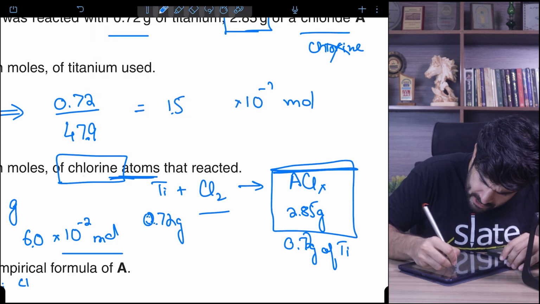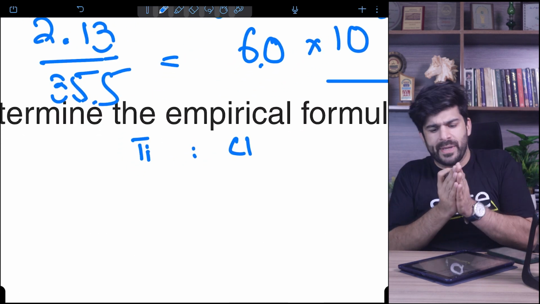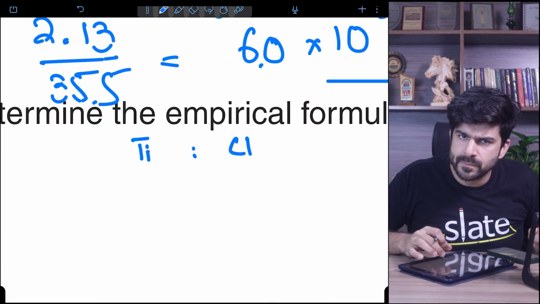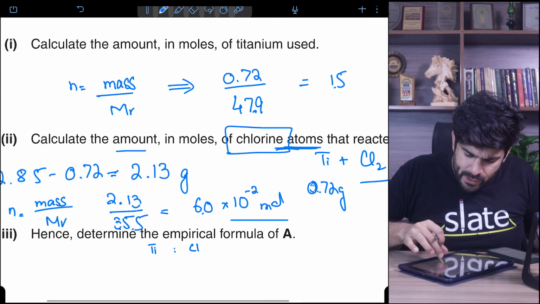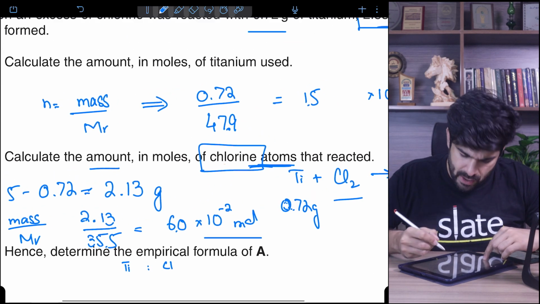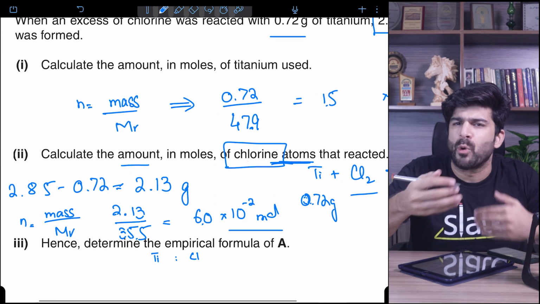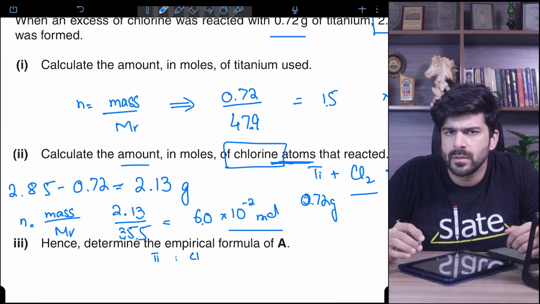That's also a better calculation. So we know the ratio between titanium and chloride. We have the mass of both, 2.13 divided by the MR, 0.72 divided by the MR.